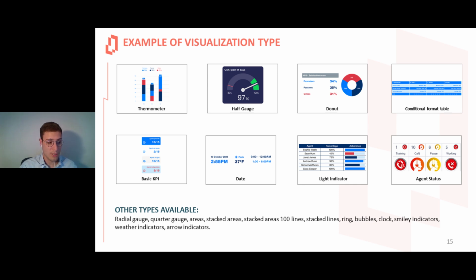And you can go really deep in the customization of these indicators. You can change the color, you can change the shape. The aim, of course, is to be good looking on screen in order for your agents to better understand the objective and the global view of the activity. And also the aim is to fit with the image of your company.